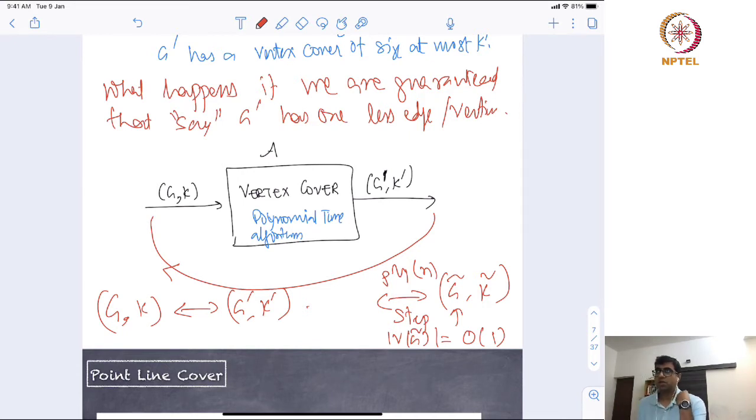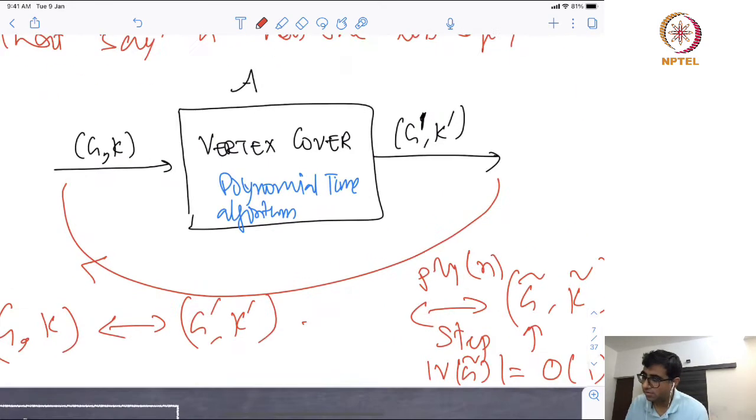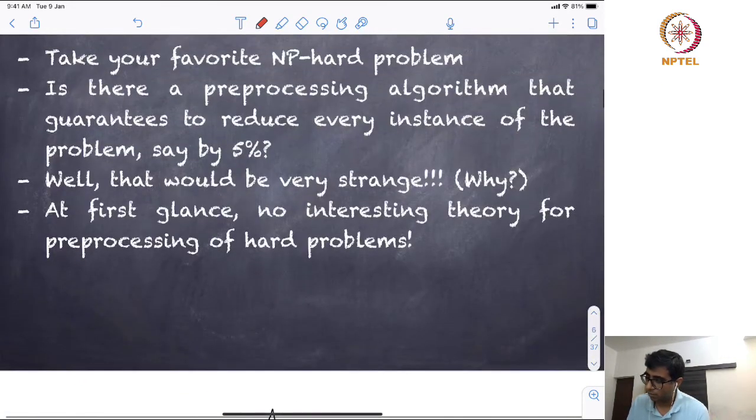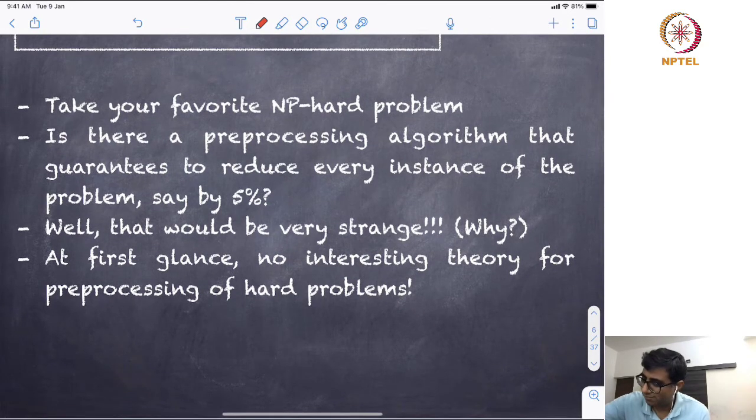That would be a contradiction to our assumption that there is no polytime algorithm for an NP-hard problem. That is the reason why there is no algorithm that can guarantee to reduce every instance of the problem, say by 5%.